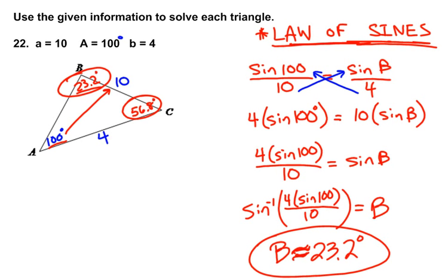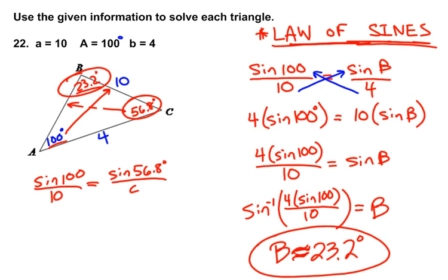All right, now to find side C, we're going to go back and use sine of 100 over 10 and set that equal to, this time, we want to use 56.8 with C. So we'll use sine of 56.8 degrees over whatever C is.